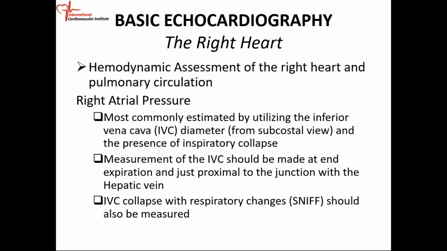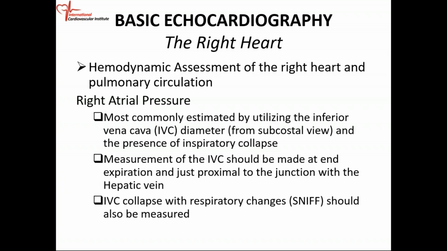For a normal individual, you expect that inspiratory collapse to be more than 50%. You're supposed to almost get complete collapse with inspiration. And that's not going to occur if the pressure on the right side is elevated, your pulmonary pressures. So if your pulmonary pressures are elevated, you're not going to get significant collapse with inspiration.